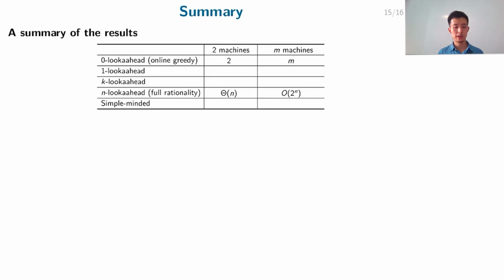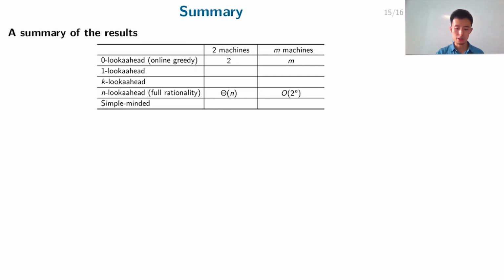At last, we give a summary of the results of this work. For the k look-ahead model, the 0 look-ahead corresponds to the unrelated case, and the n look-ahead corresponds to the full rationality. Our results lie in between these cases.